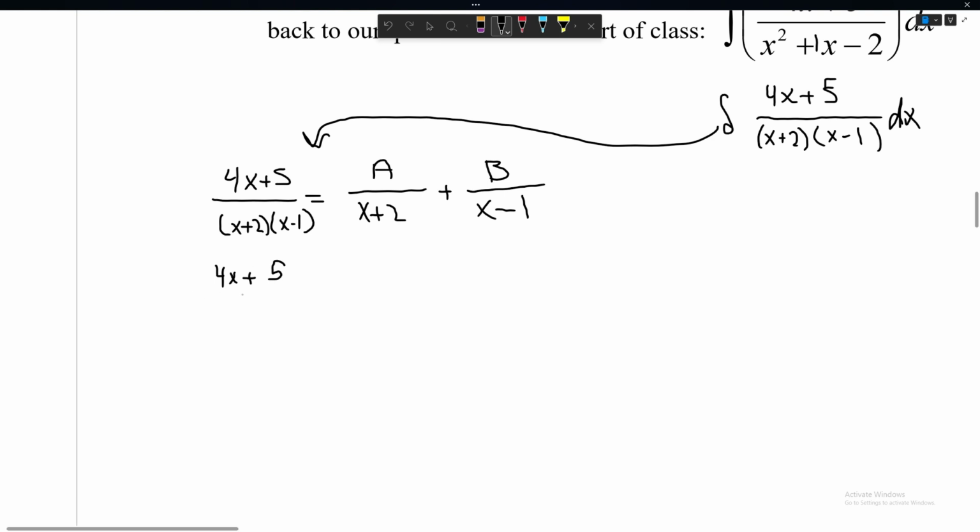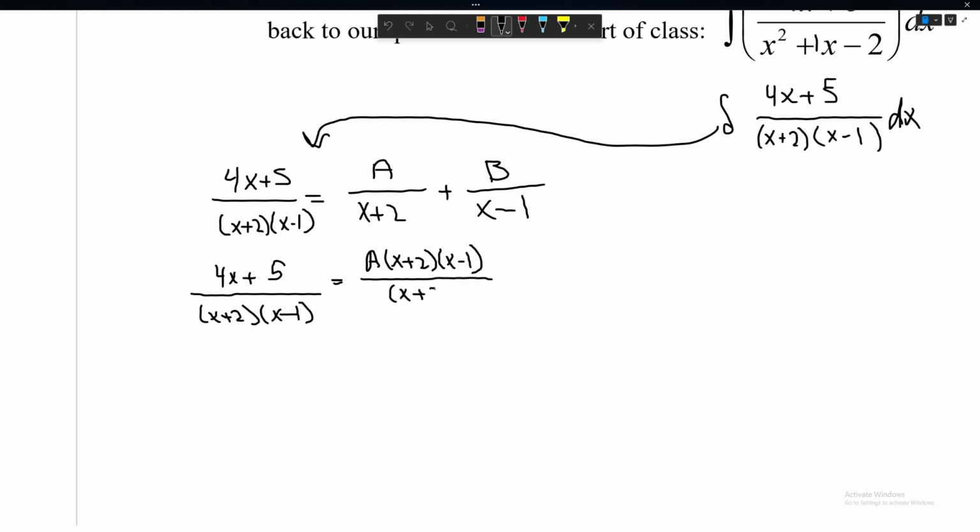So the left side will stay the same, right? And this is x plus 2, x minus 1 equals. I'm going to cross multiply. So I'll have a times x plus 2 and x minus 1 all over x plus 2. All right.